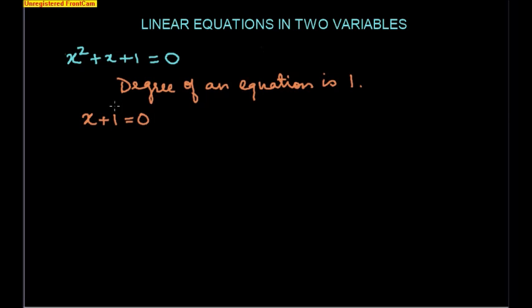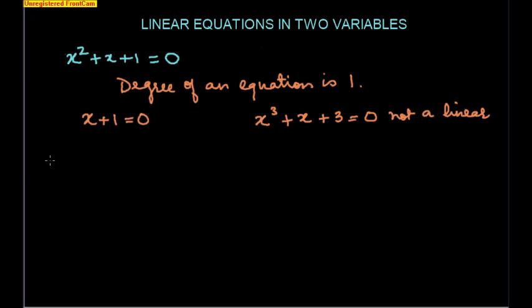If you see, the degree, that is the highest power of the variable, is 1. So this is a linear equation. If I take x cube plus x plus 3 is equal to 0, then this is not a linear equation because the degree here is 3. So whenever an equation has degree 1, that is known as a linear equation.